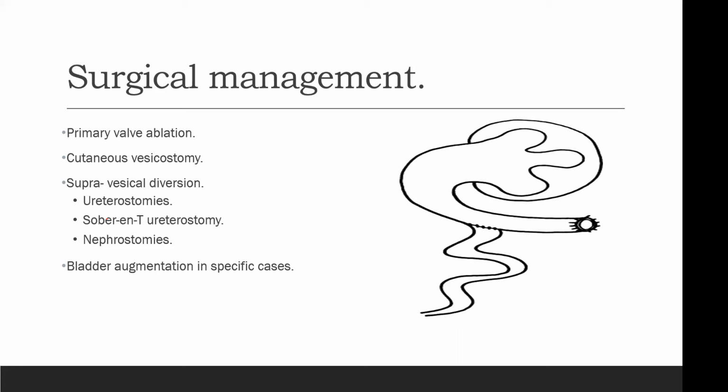Nephrostomies can also be done, and there's also the procedure described, the Sober ureterostomy, which doesn't totally disrupt the flow of urine into the bladder on that side. It creates a venting stoma for the urine drainage as well. With the surgical management, at a later stage the patient might need a bladder augmentation as management of their complications.